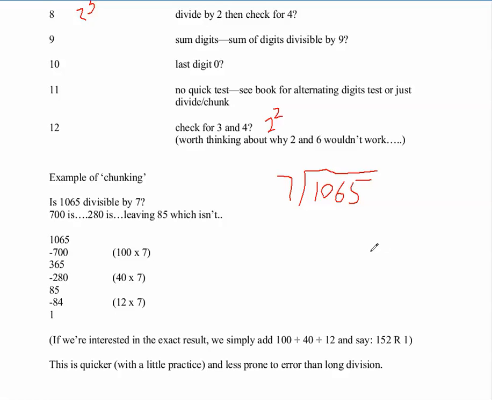I don't really like long division as a method of doing division on a test like the GMAT because I find it's not very intuitive. You're going through a mechanistic process, and I believe it's a mechanistic process that lends itself to a lot of mistakes. So let's try chunking for dividing 1065 by 7.